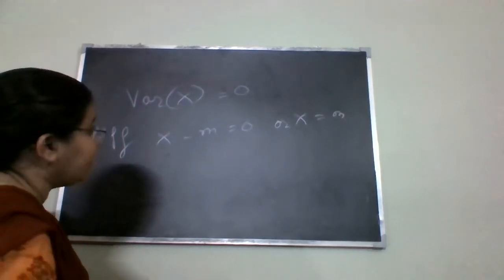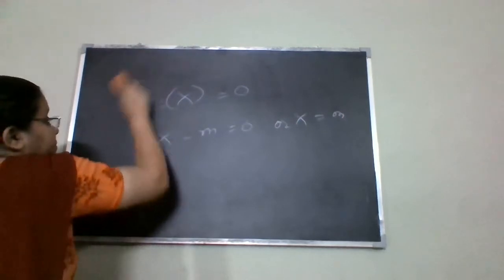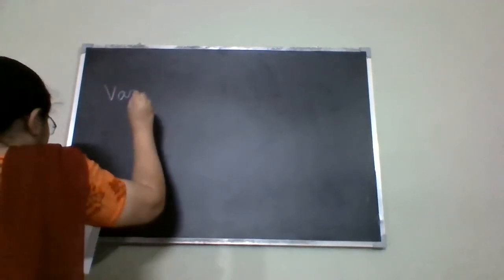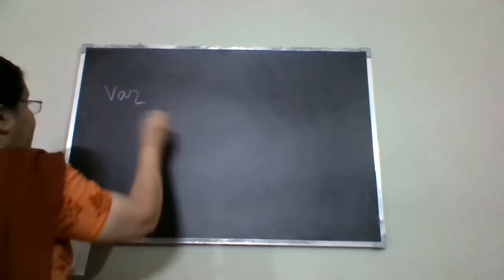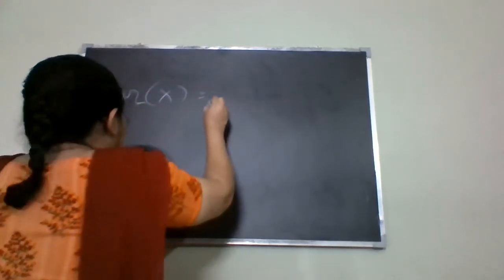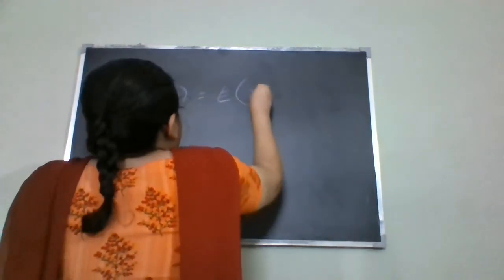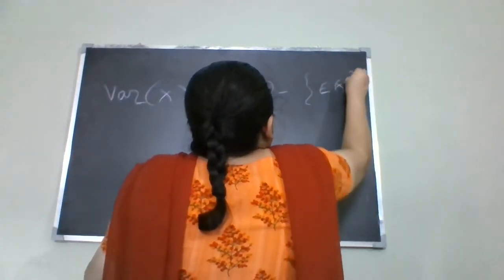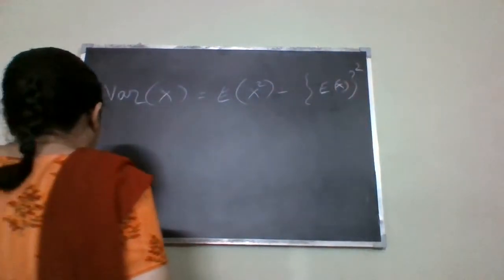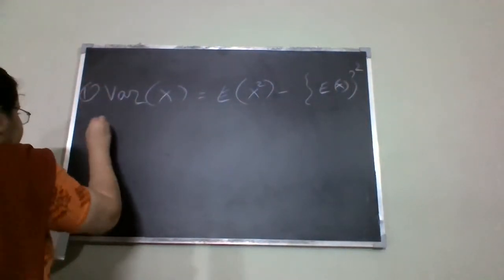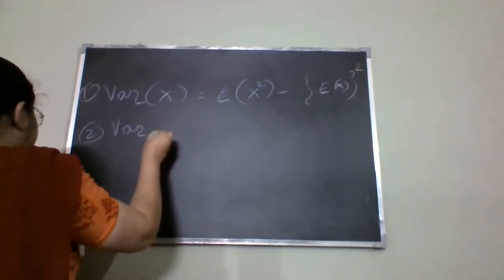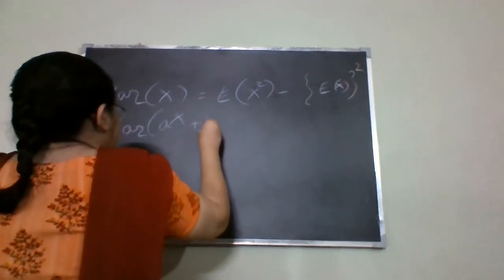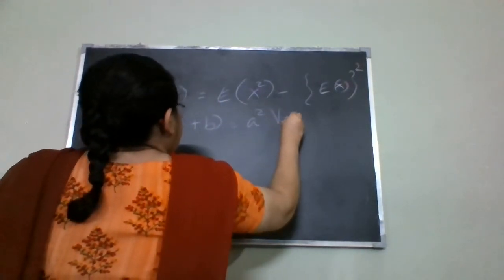Now we will study some theorems on this. So what are these theorems? Let's go for them. Theorem number 1, page number 199: Var X is equal to E of X squared minus (E of X) the whole square. You have already done this for discrete random variables. Theorem number 2 states, Var of (aX plus b) is equal to a square Var X. This you have also done for discrete random variables.